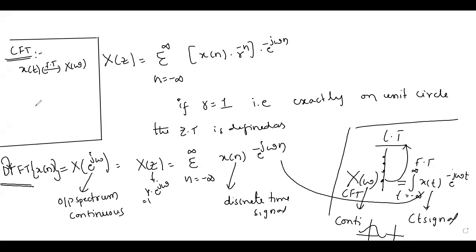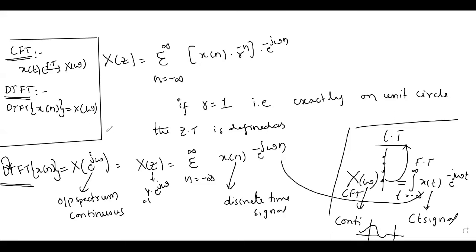Next comes DTFT, the discrete time Fourier transform. In third year, again the same properties, same story will be there. How do we represent the discrete time Fourier transform? The discrete time Fourier transform of x of n is X of omega.